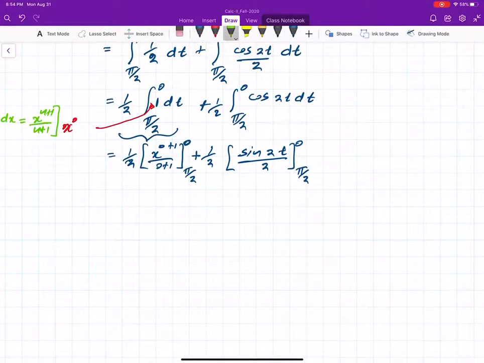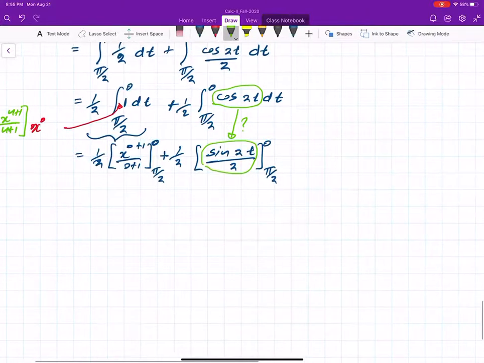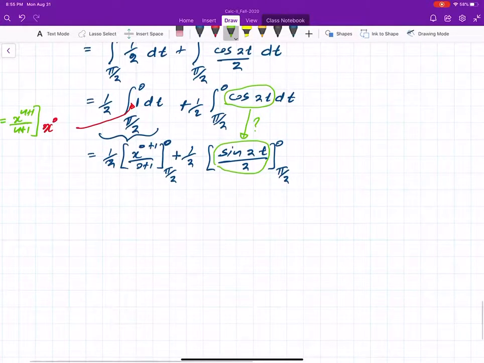If you are not sure whether what you got after integrating is correct, you can check it back. How do you check it back? You just get the derivative of that and check whether it is the same as this.